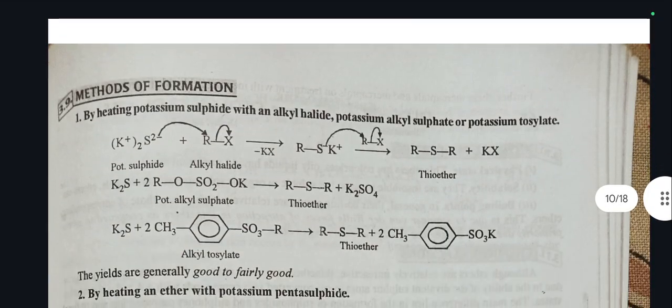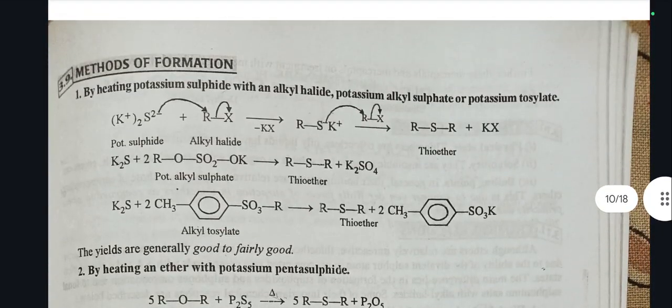Method of preparation. By heating potassium sulfide with an alkyl halide, potassium alkyl sulfate or potassium thiosulfate.